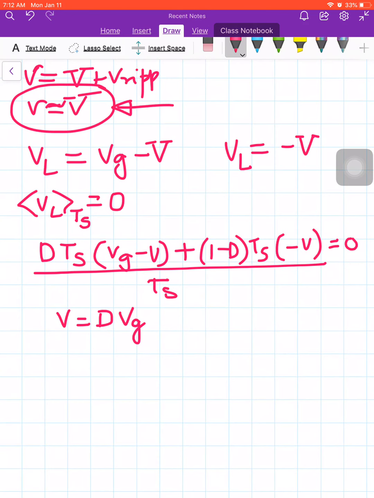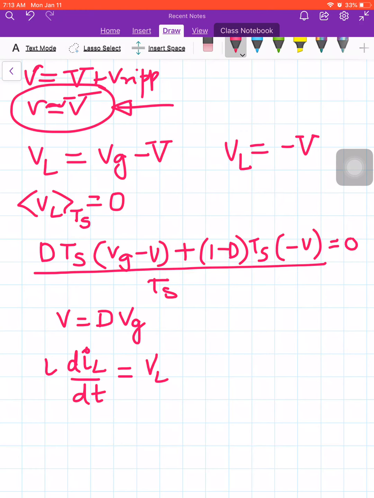Similarly, when the output voltage is constant, what will be our inductor current? The equation for the inductor is L dIL by dt equal to the voltage across the inductor, right?